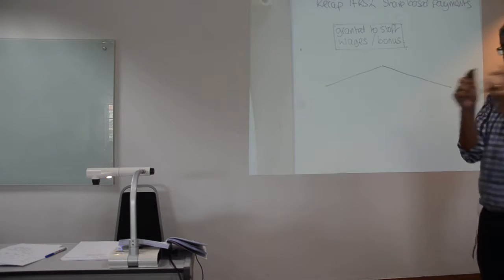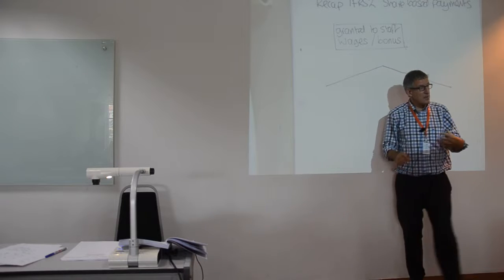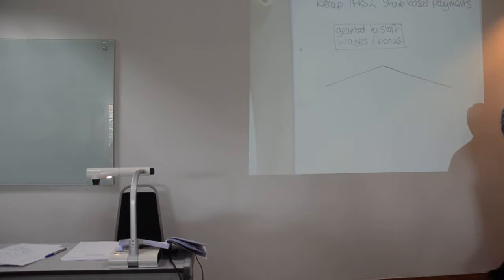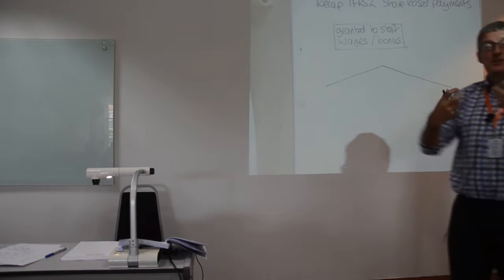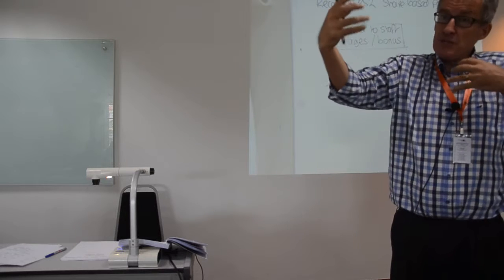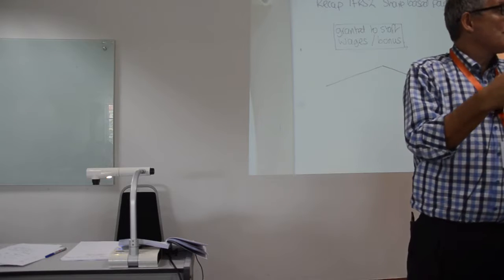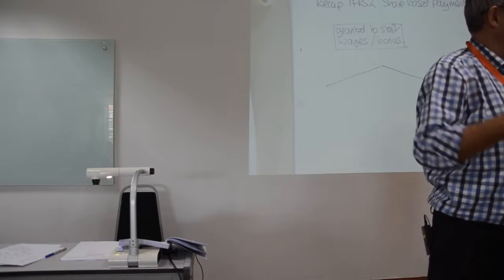So it's a payment that is based on shares. It's not shares, but it's based on shares. We give them to the staff to motivate them, to make them work harder, to tie them in so that they don't leave, and to generally create this goal congruence and happy culture.